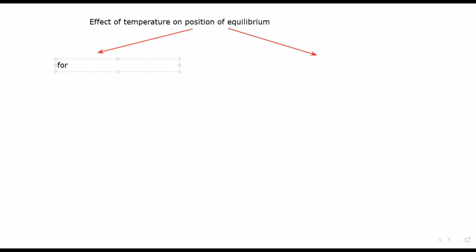It has a different effect on different types of reaction.